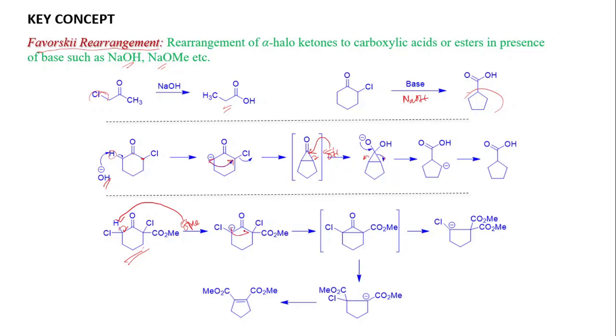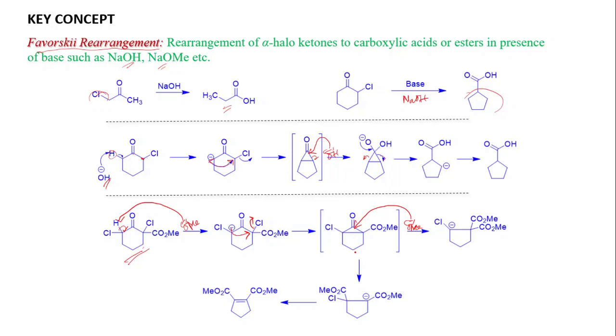Now this carbanion can attack on this quaternary carbon center and upon chloride elimination we will get this fused cyclopropanone intermediate. Now in presence of methoxide, it can further undergo nucleophilic addition and then ring opening.